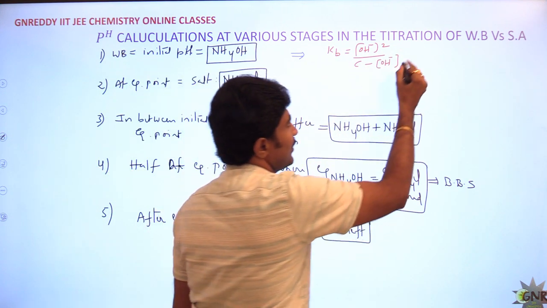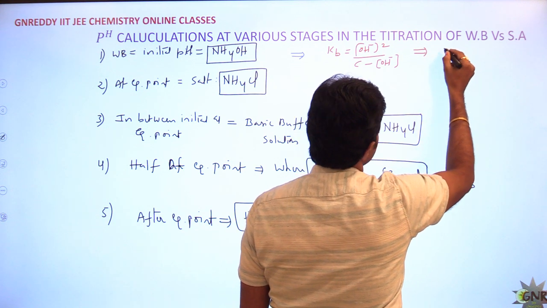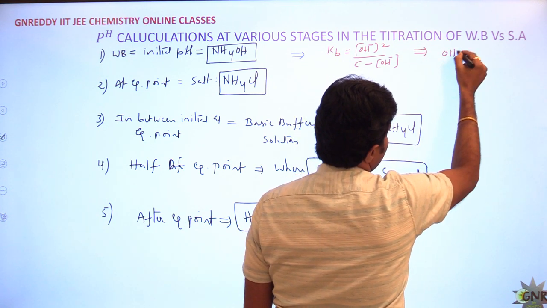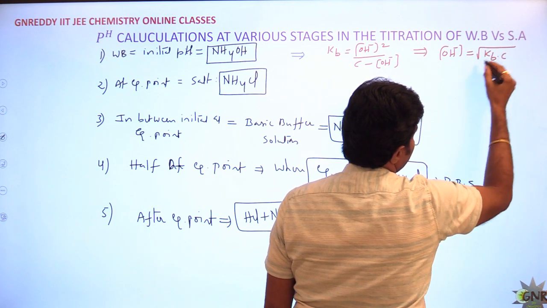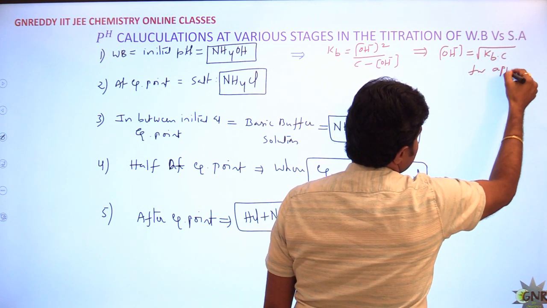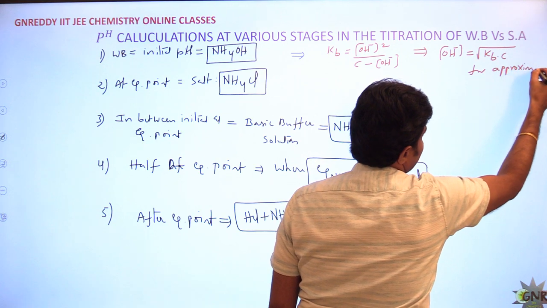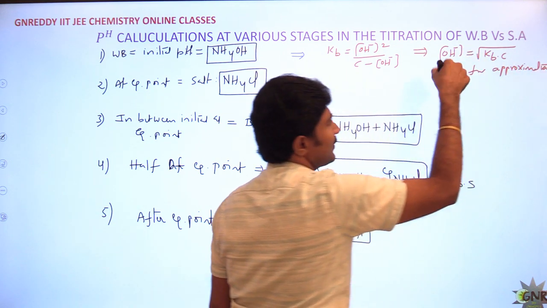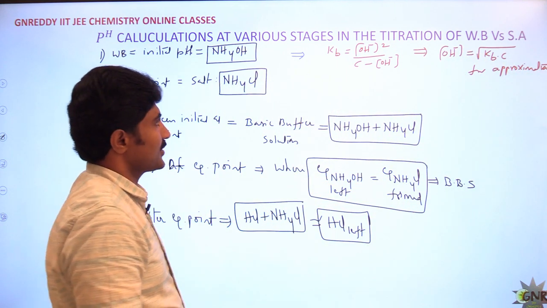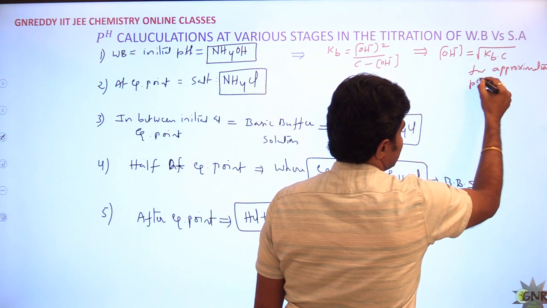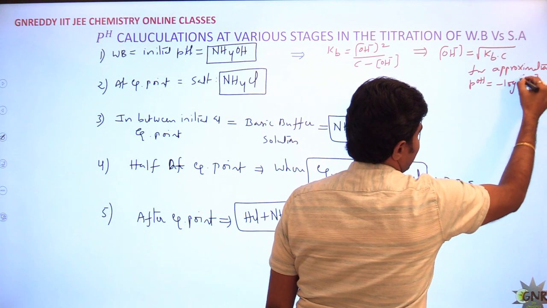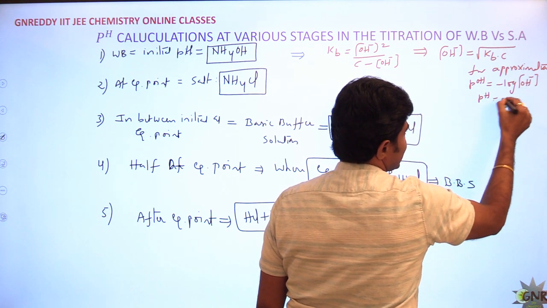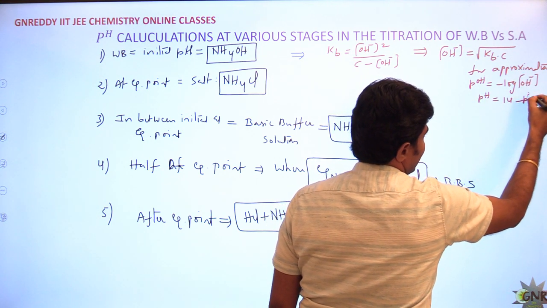From this, if you want a rough calculation, it is root over KbC for approximation. So follow this calculation, get the pOH and then the pH. What is the pOH? Minus log of [OH-], and from this you calculate pH, which is 14 minus pOH.